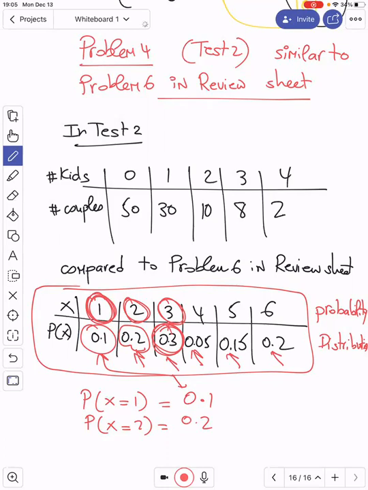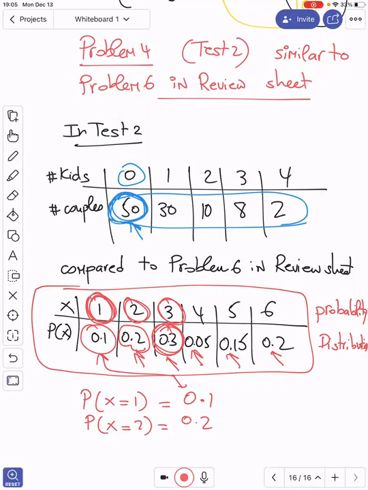Now you see the difference with the table in the test. In the test, here we don't have probabilities. So the second row is not the probability that x equals 0. The 50 here is the number of couples with 0 kids. It's not the probability that the couple has 0 kids.